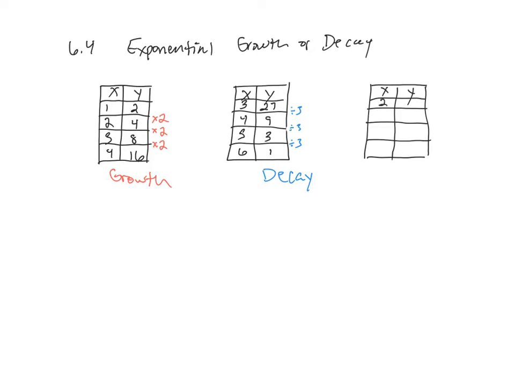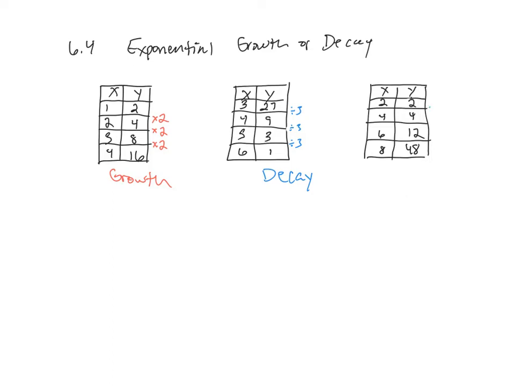So let's see on this one. Okay, 2, 4, 6, 8. Like that's okay if it does that. So you look at that one and say, well, it's going up, so it must be growth.